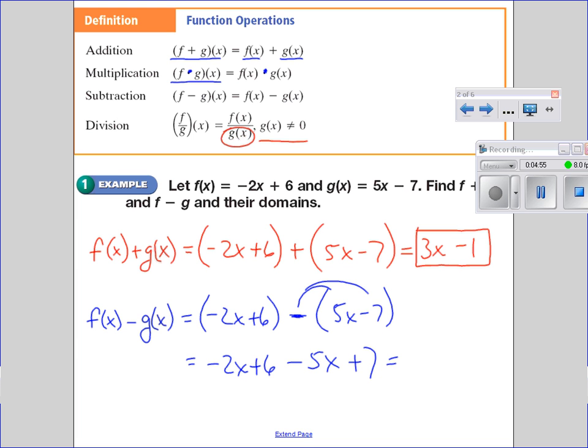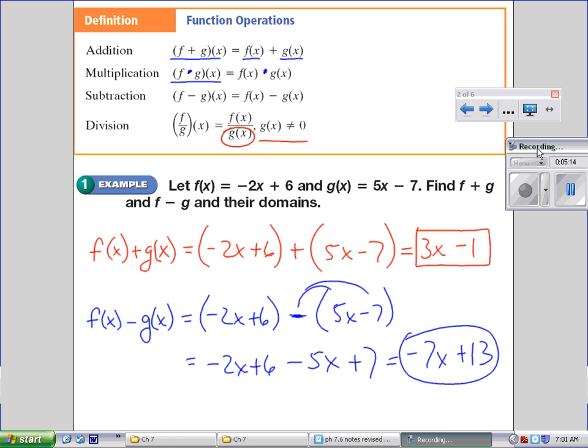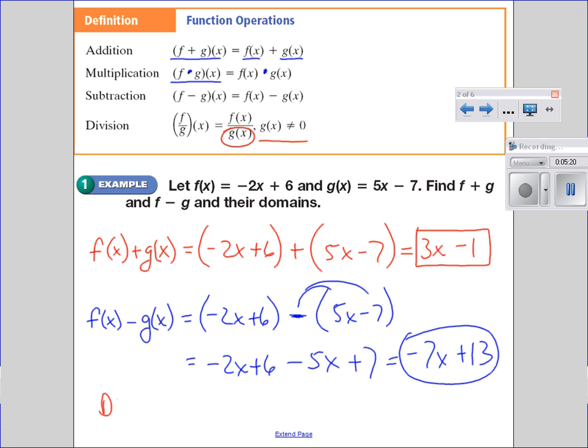Gives me a grand total of minus 7x and 13. There's your addition and subtraction. Okay? Nothing too earth-shattering there. Again, no domain issues. The domain for both of these would be that x is all real. Any real number would go for x, and I could chart this out.